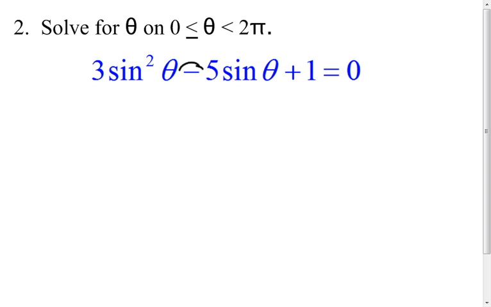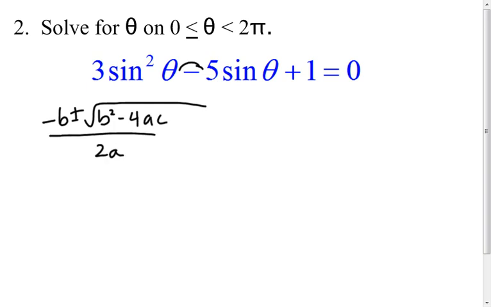So again, we need to use the quadratic formula, and again, it's negative b plus or minus the square root of b squared minus 4ac all over 2a. In this case, your a is 3, your b is negative 5, and your c is 1. So I am going to put that into the formula.